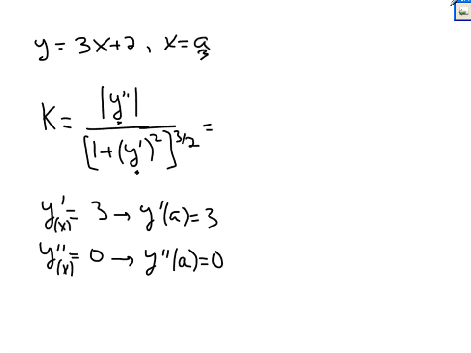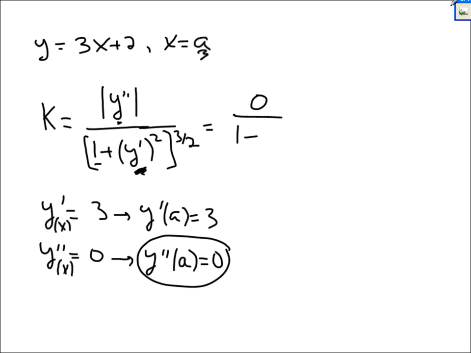It happens to always be 0, but it's still constant. So what we get is the absolute value of y double prime, and the absolute value of 0 is 0. The bottom will never be 0, because when you square y prime, it won't be negative, and then you add 1 to it, it will be at least 1. So it won't be 0.